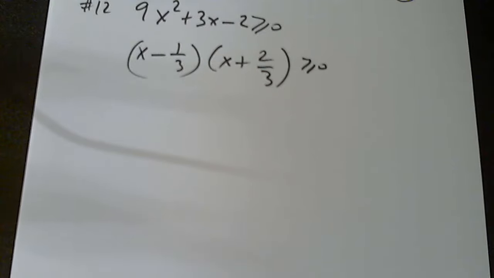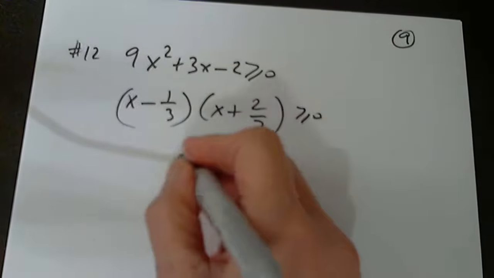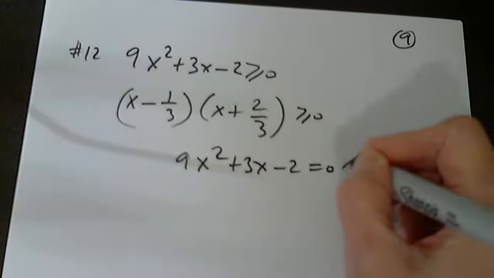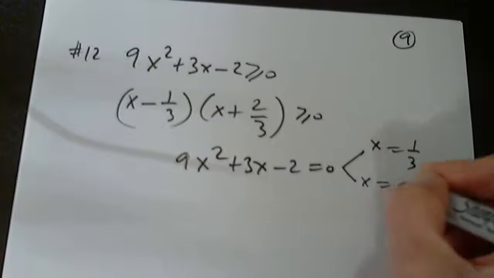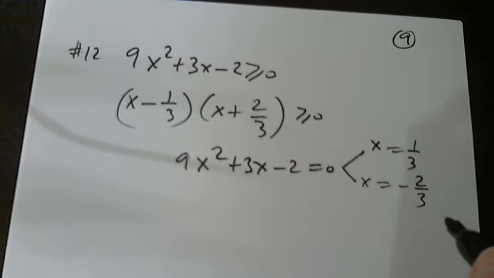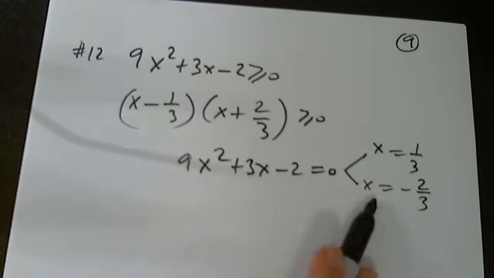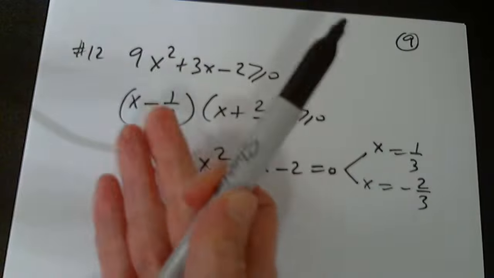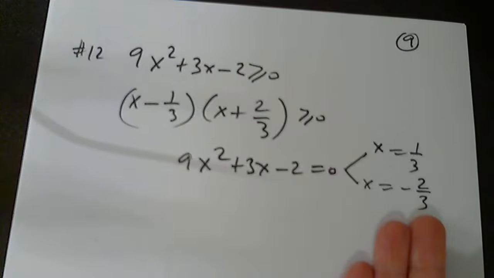Good. So let me explain one thing. I solved the equation and I got x equals 1/3 and x equals negative 2/3, which means the factor is x minus 1/3 and the factor is x plus 2/3, because when you solve this, you get this.